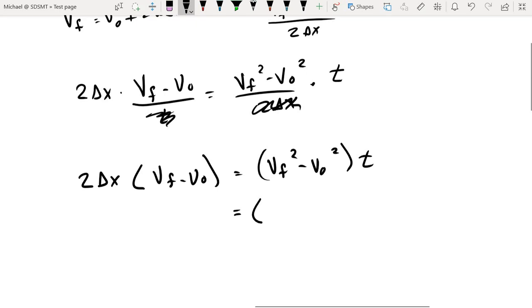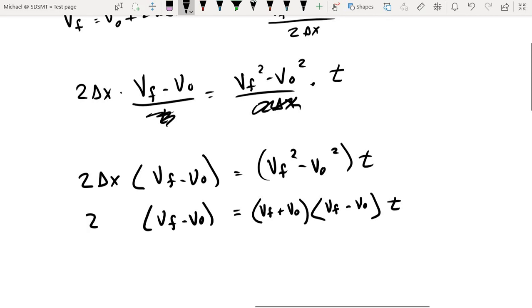So the difference is the minus sign, and we have our two squared terms. The difference of squares could be factored down to a plus-minus combination of those terms. And the moment we do that, we see that we can actually factor out the v final minus v initial terms from each side. We don't need them anymore.